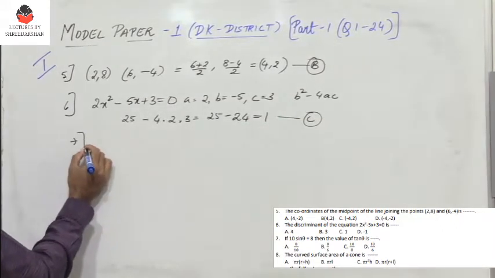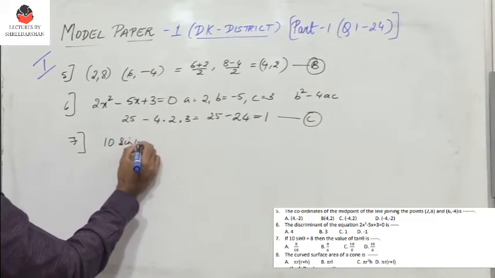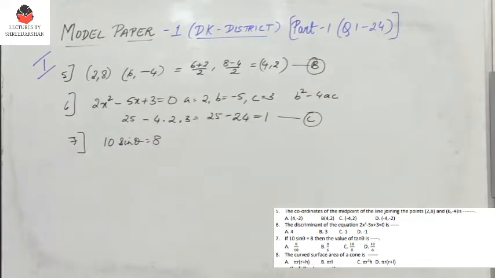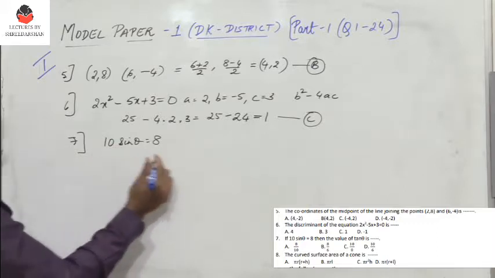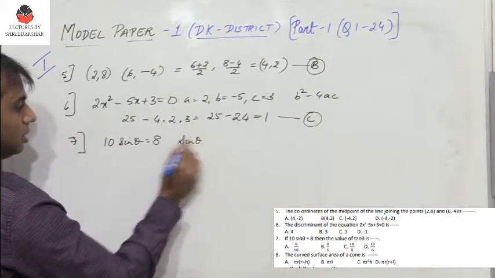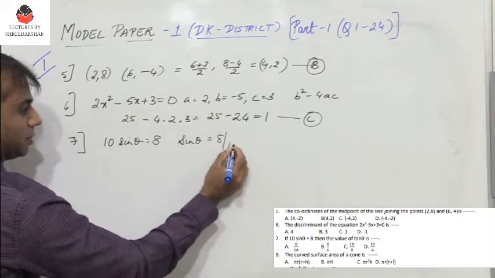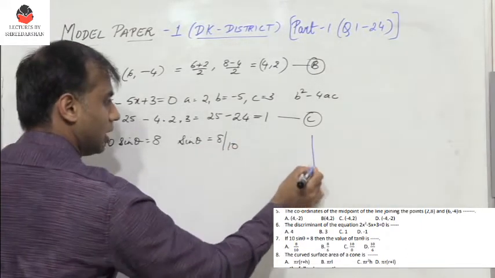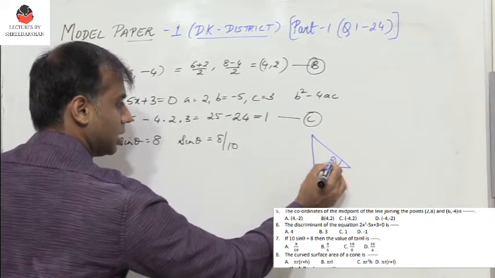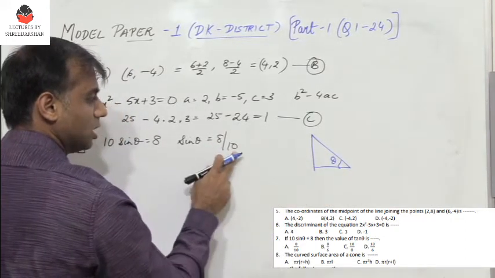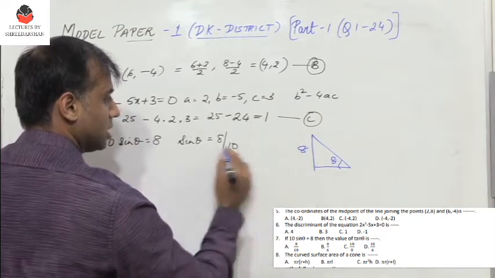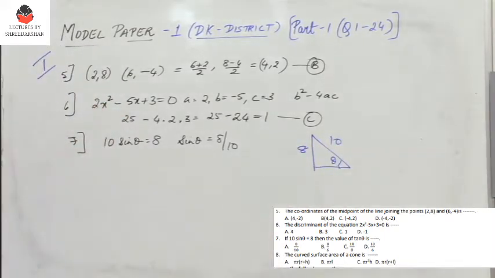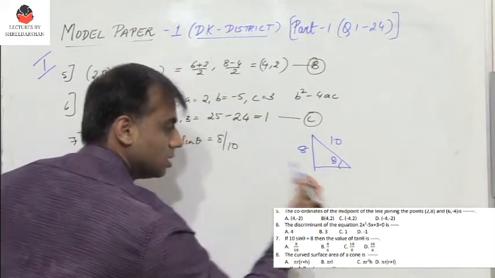Seventh one, 10 sine theta equals 8. What is tan theta? Now we know that sine theta is nothing but 8 by 10. Now how do we define sine theta? Consider a right triangle. If this is theta, sine theta is opposite side by hypotenuse. Opposite side is 8, hypotenuse is 10. Now how do I find this side?